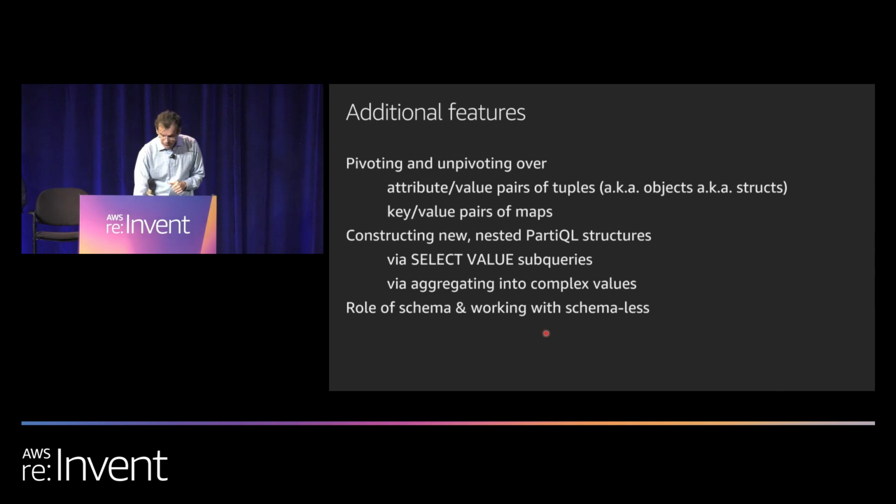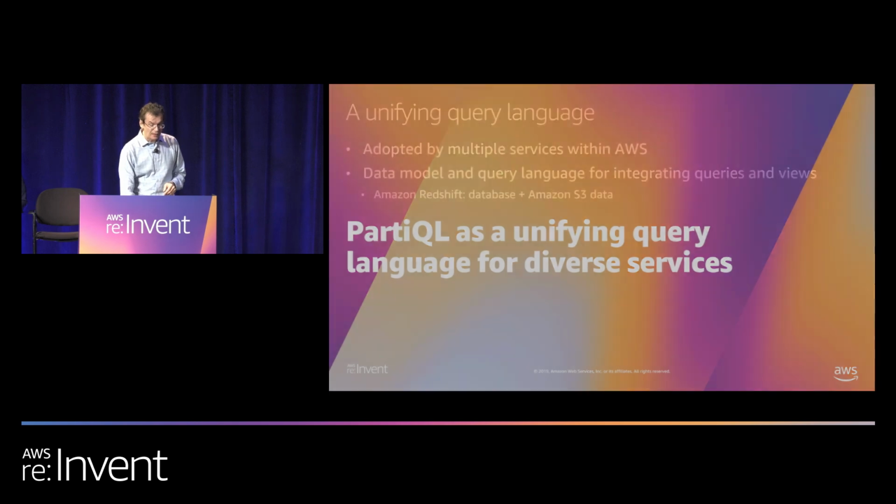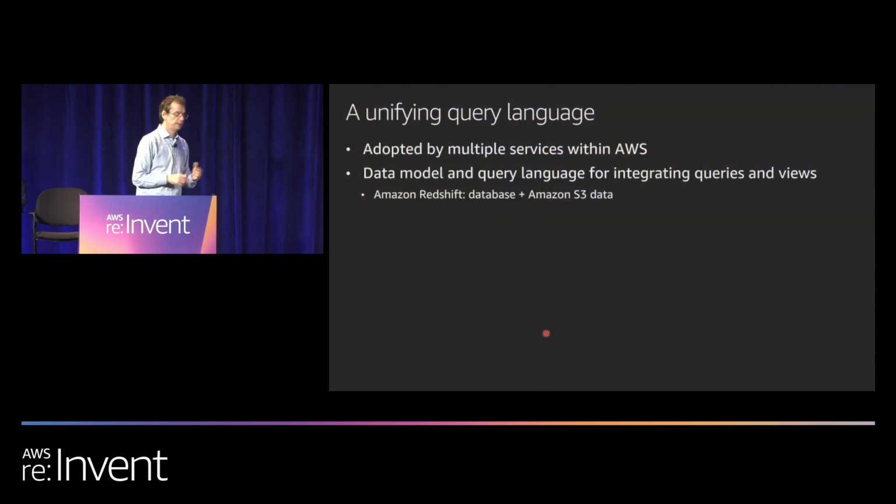And with this, I'm going to skip again to a higher level, the use of Particle as a unifying query language for diverse services. Already, Alman described to you before that we now have multiple systems in AWS that have adopted Particle.